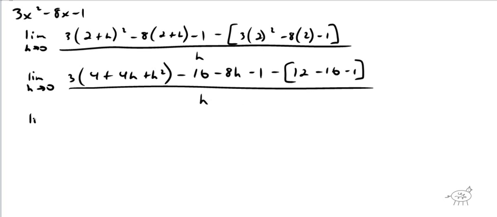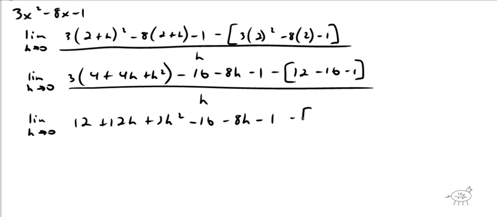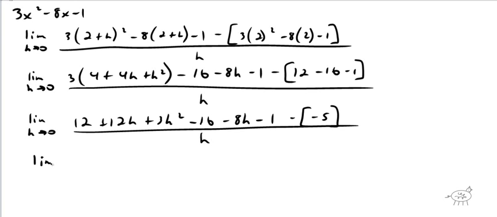all over h. Limit as h approaches 0, and that's going to give us 12 plus 12h plus 3h squared minus 16 minus 8h minus 1 minus 12 minus 16, negative 4, minus 1, negative 5. Hopefully all those constants cancel out. So limit as h approaches 0. 12 minus 16 is negative 4, minus 1 is negative 5, plus 5 is 0.